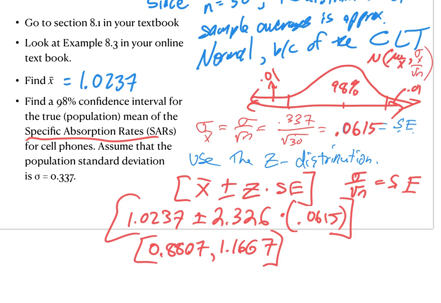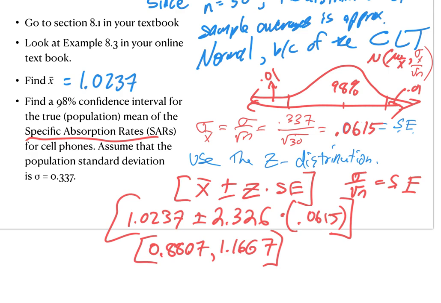I would not say there is a 98% chance that the average specific absorption rate is in this interval, and state those numbers, because it is not a probability.